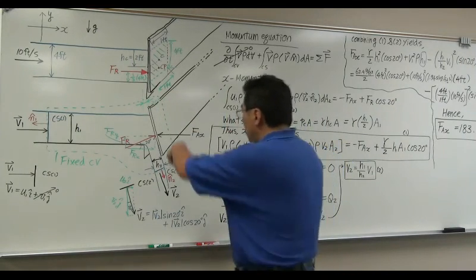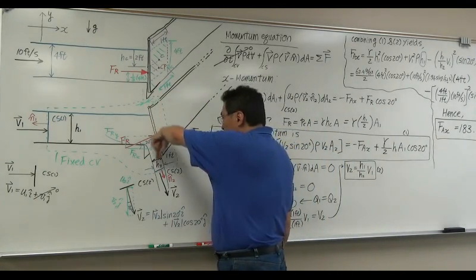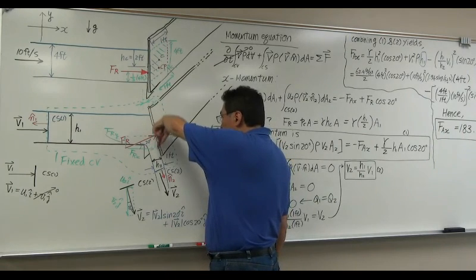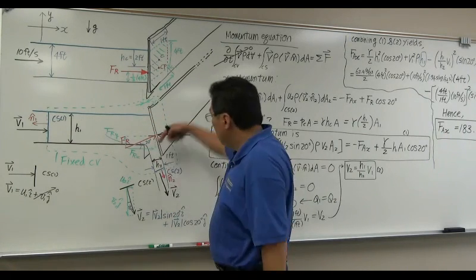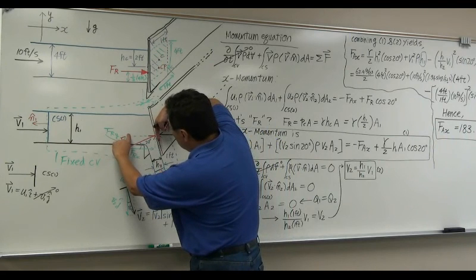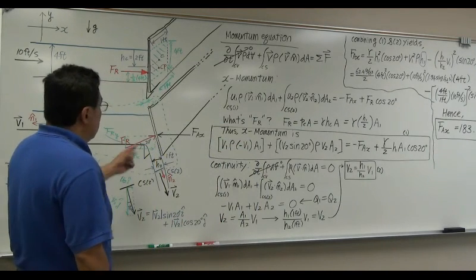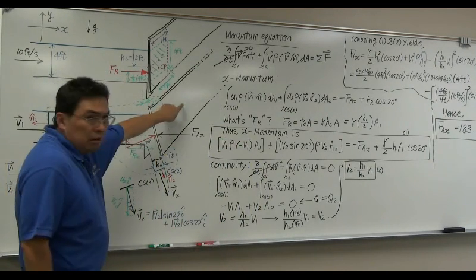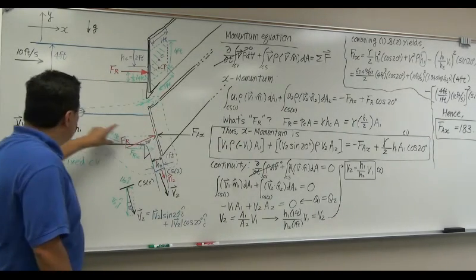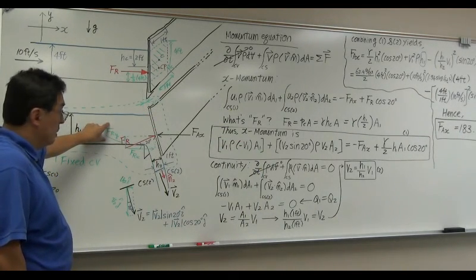That is actually the weight of this plate, which balances against this FRY. Yeah, that's right. So that means the weight of this plate is precisely equal to FRY. That's what it is.